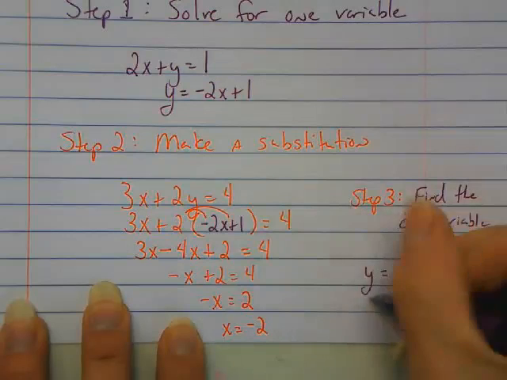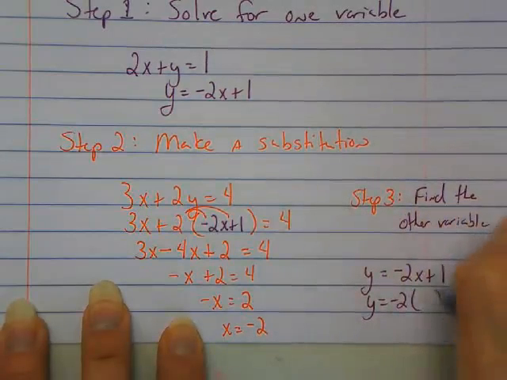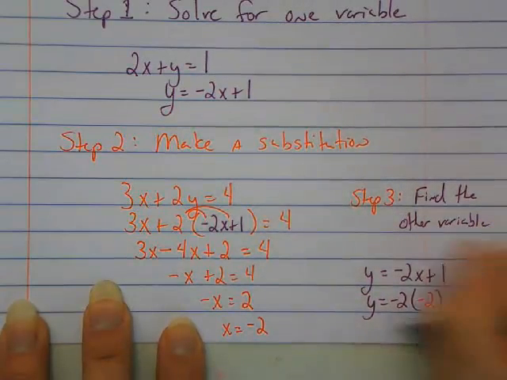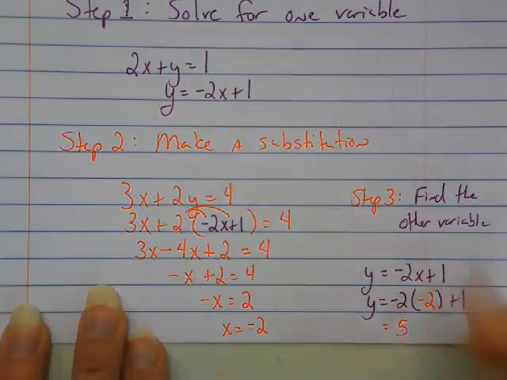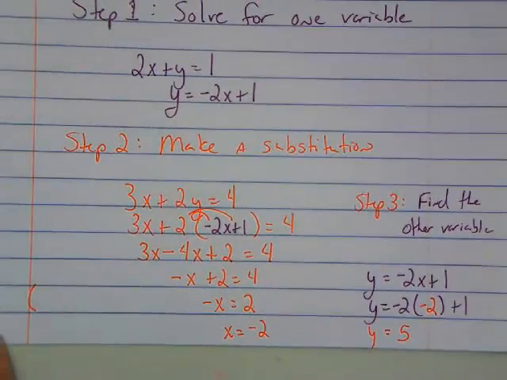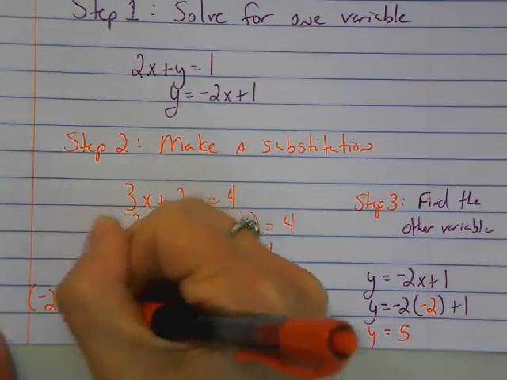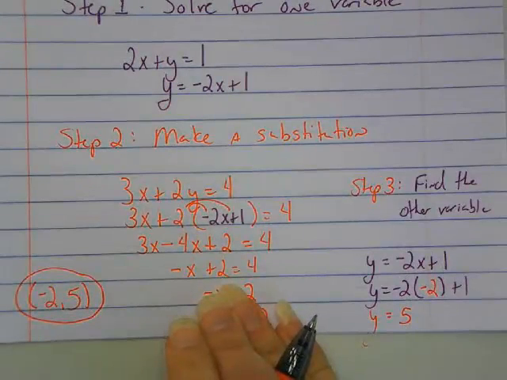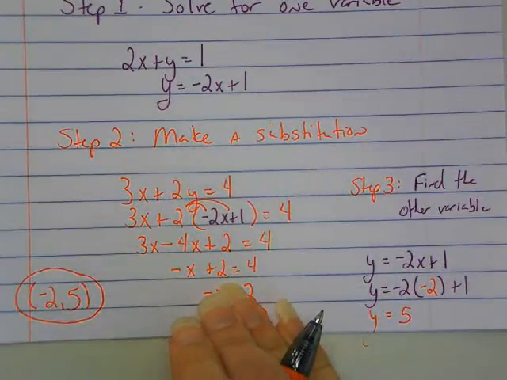Now that we know x, I can find y. So I'm going to take out x and I'm going to put a negative 2 in its place. So I get that y is 5. Now, this is an ordered pair, so when you give me your final answer, it should be in an ordered pair. Negative 2, 5 is my final answer. Okay, that was called the substitution method.